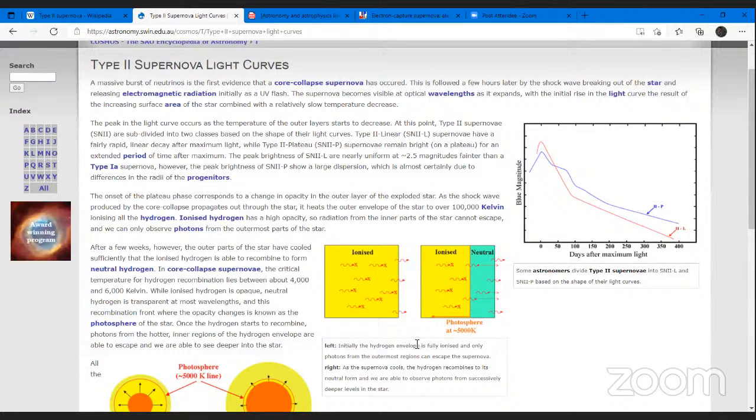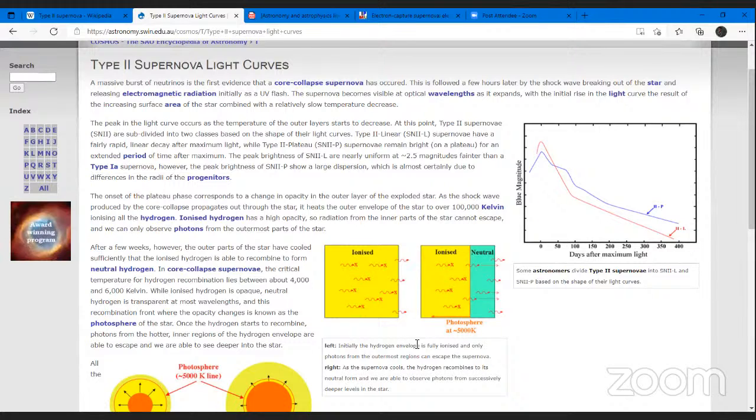Then in the right side image, what they are telling is that after a few weeks, the outer parts of the star have cooled sufficiently that this ionized hydrogen is now able to recombine to form normal or neutral hydrogen.